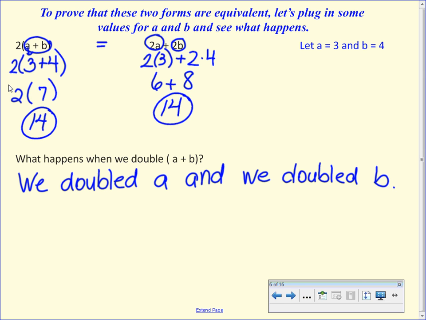Everything inside the parentheses was doubled by the 2 outside the parentheses. Remember, parentheses means to multiply. Multiplying by 2 is the same thing as doubling. Okay? Any questions so far?